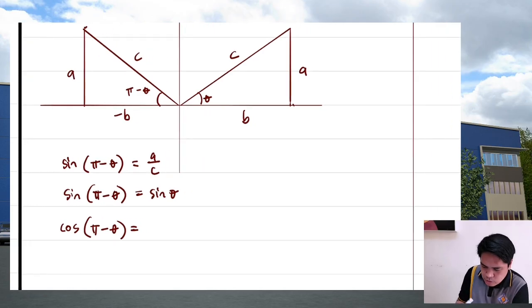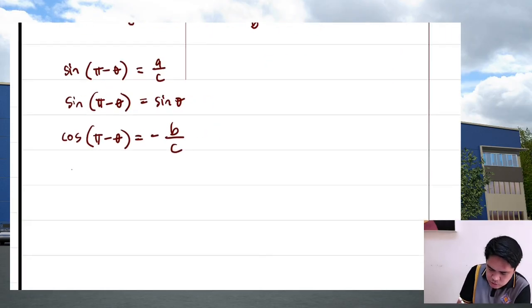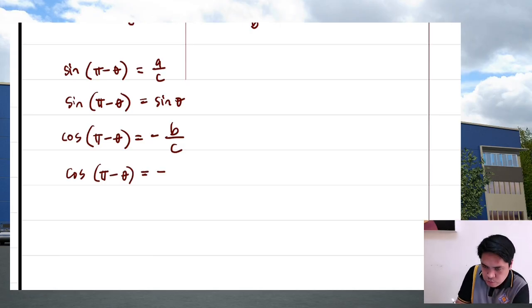So, that's adjacent over hypotenuse. It's negative B over C. So, that means cosine of pi minus theta is equal to negative B over C, which is negative cosine theta. Okay? So, so far we have these two to memorize.